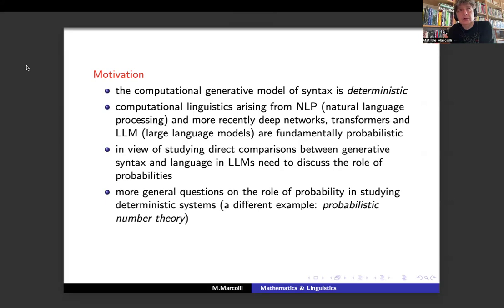On the other hand, a lot of applications in computational linguistics that have to do earlier on with various forms of natural language processing, more recently in connection with deep networks, transformers, large language models, are intrinsically and fundamentally probabilistic by construction.